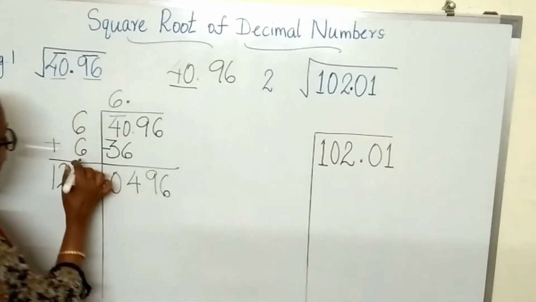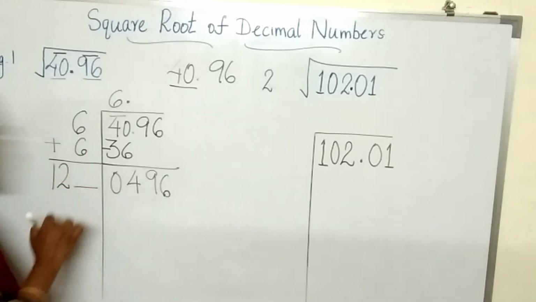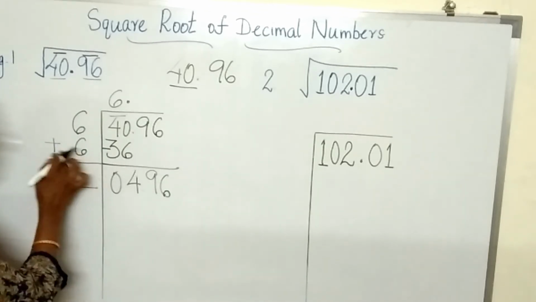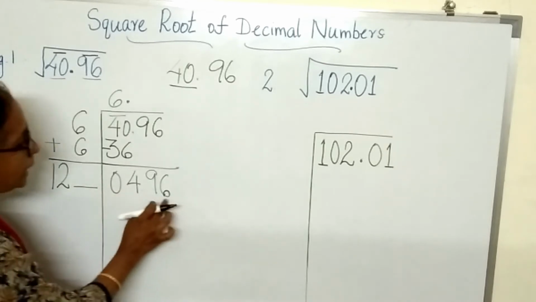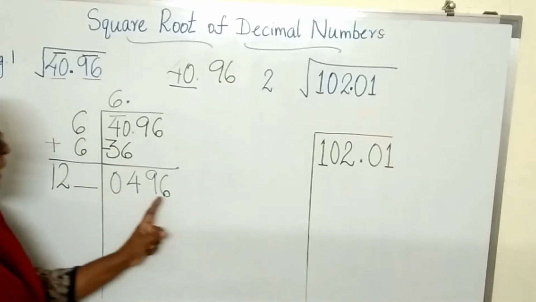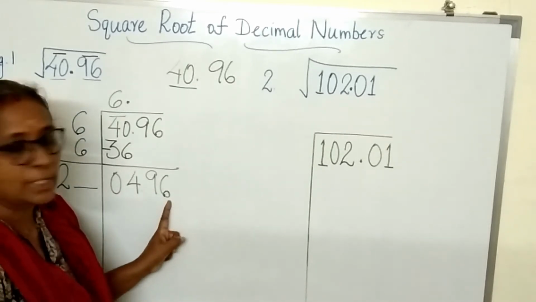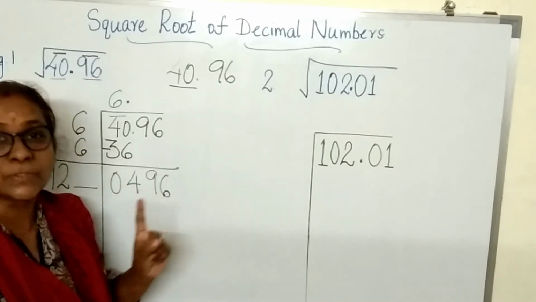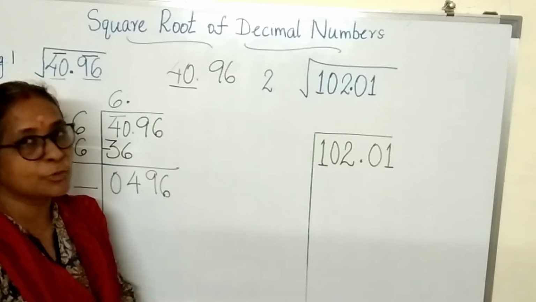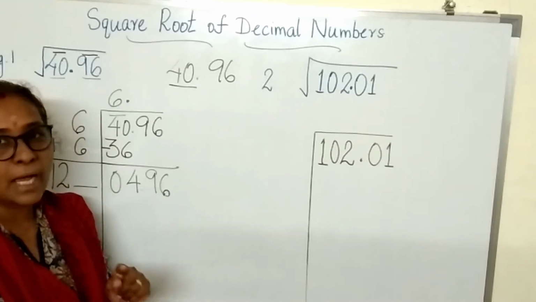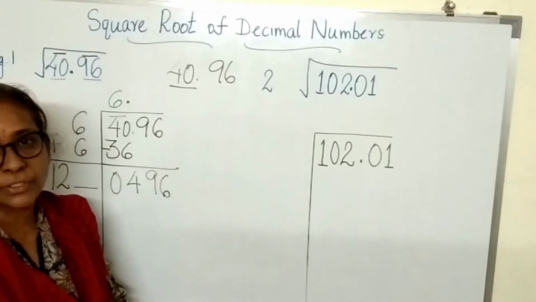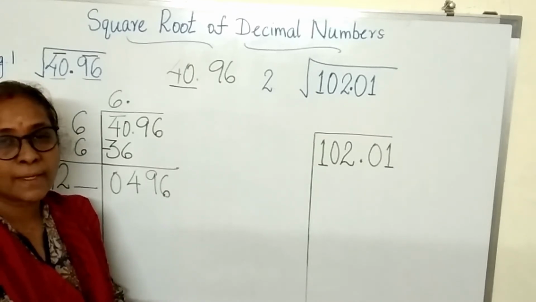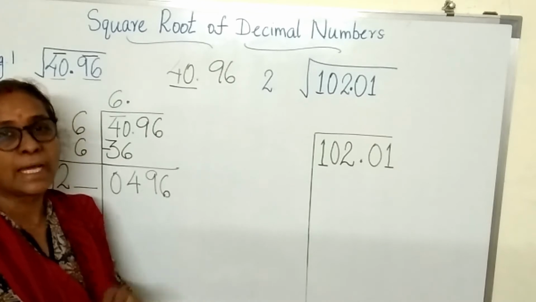Now we have to write a digit here and multiply that digit by this whole number to get this number. Now you see the ones place, the last digit here, is 6. By multiplying which two numbers do you get 6? Either 4 4s are 16 or 6 6s are 36.